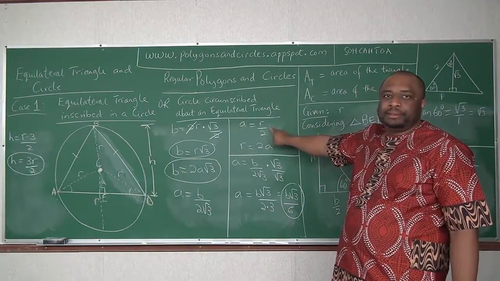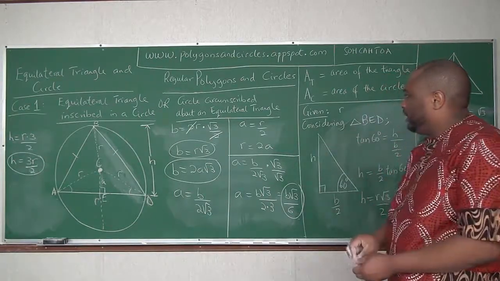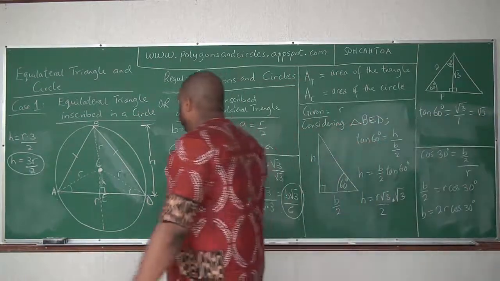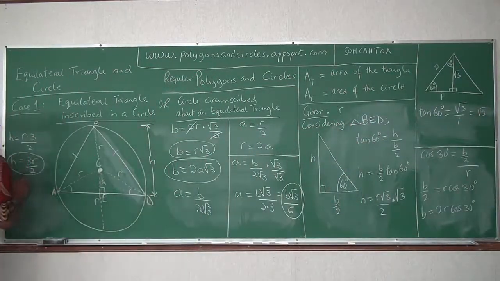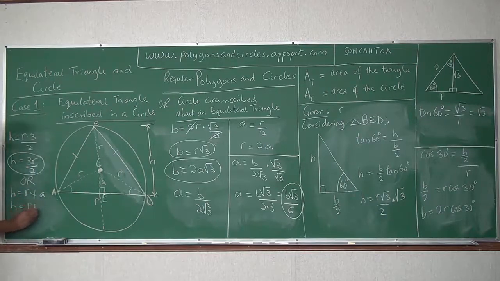So the perpendicular height is this radius here plus the apothem, which is r plus r over 2. That is 1 plus 1 over 2, which is 3r over 2.